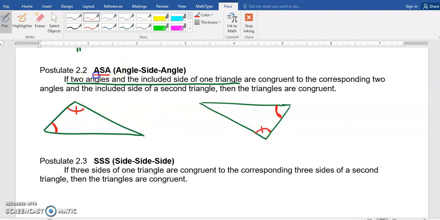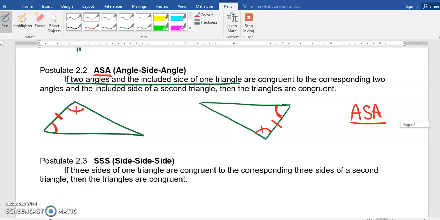So angle, side, angle, so it has to be the included side, the side in between those two angles. It'd have to be this pair of sides. And then we would know those two triangles are congruent. That's enough information to know that. So we have side angle side, and we have angle, side, angle.